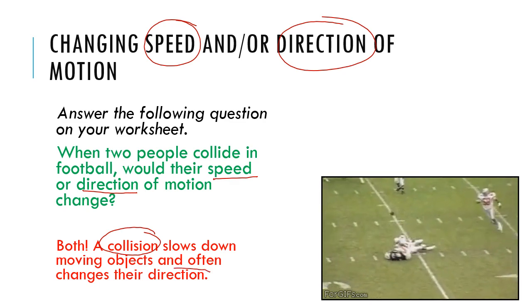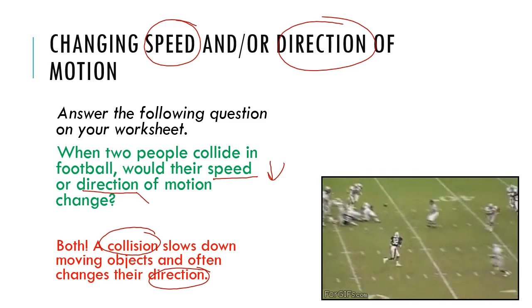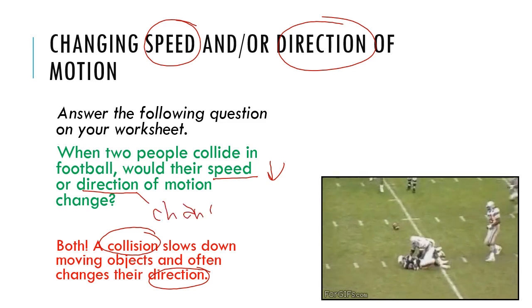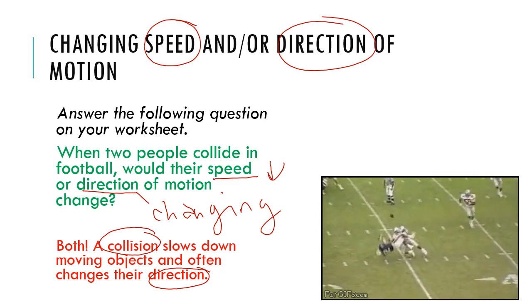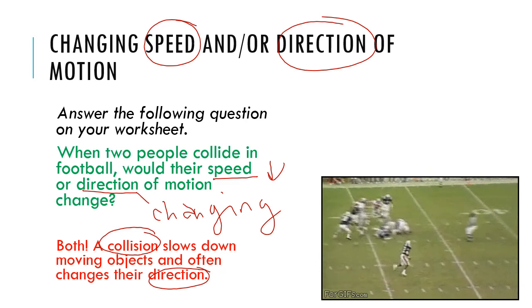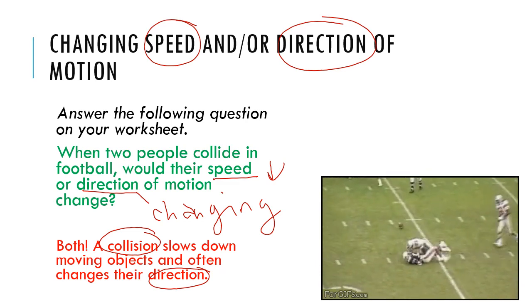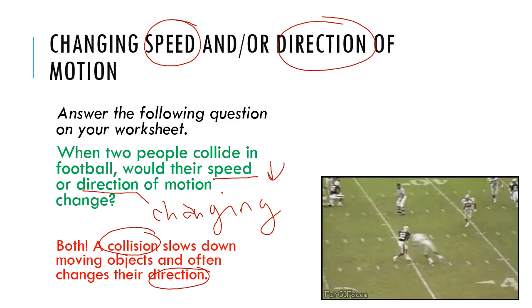And we are changing the direction. So speed is going down and direction is changing as well. So this is going to be an important concept for our lesson tomorrow when we start talking about acceleration, and the relationship between distance and time. So keep this in mind.